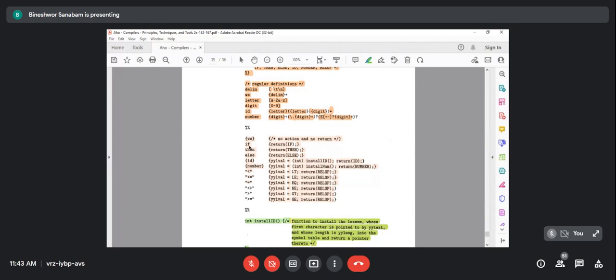If we find the pattern if, then we return the token as if. If we find then, we return then. If we find else, we return else. If we find the pattern of an identifier, we return identifier. If we find any number, we return number.